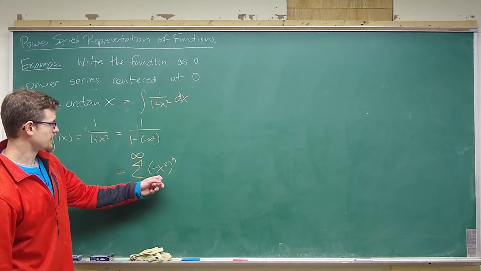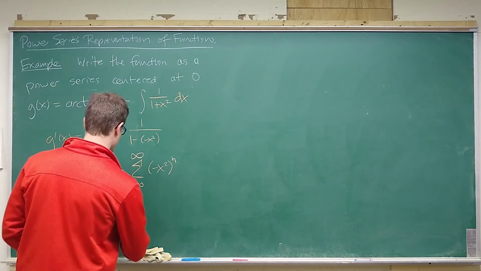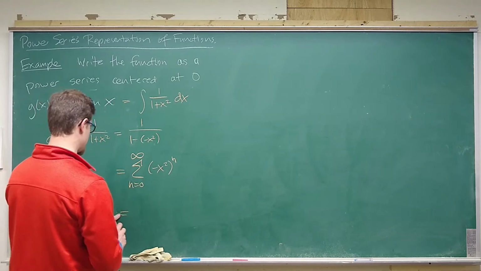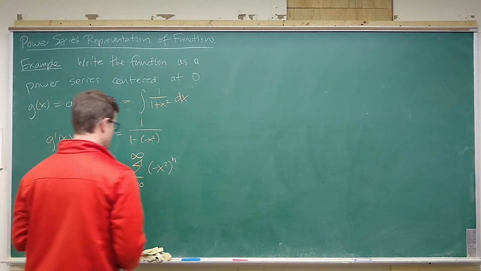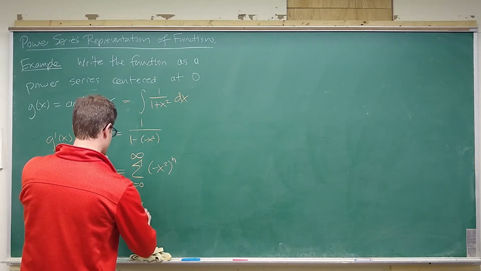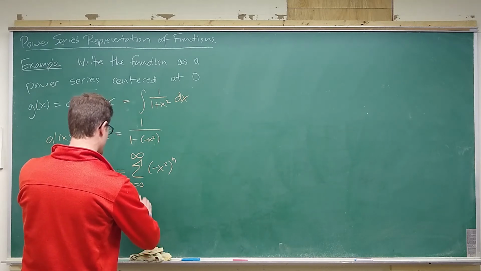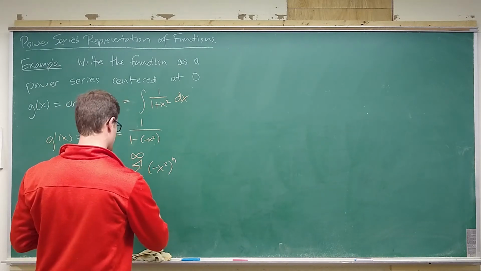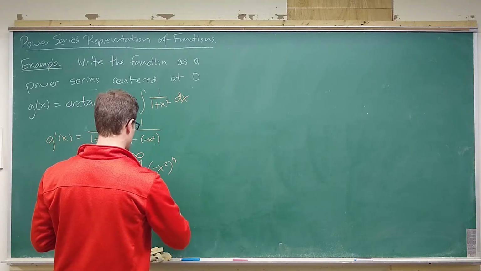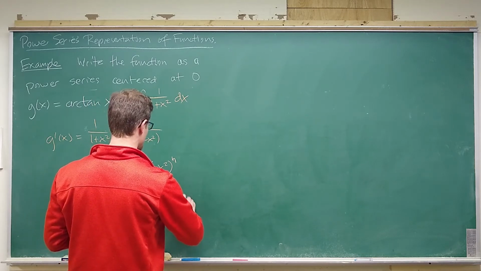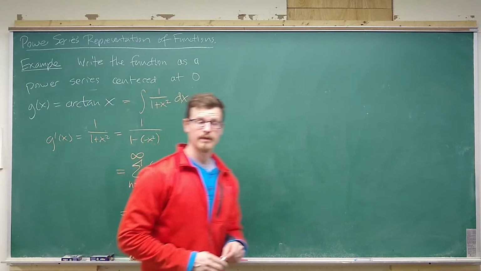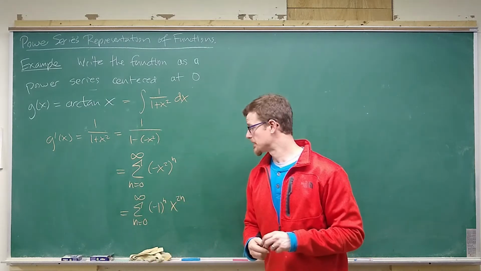So this gives us a power series representation for our g prime of x, and I can write this as the sum from n equals 0 to infinity of negative 1 to the n times x to the 2n. Excellent. That's not so bad. Not so bad at all.